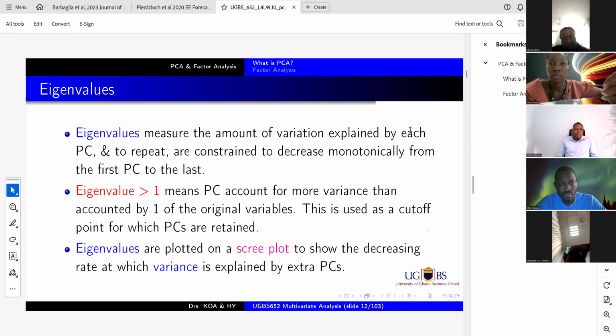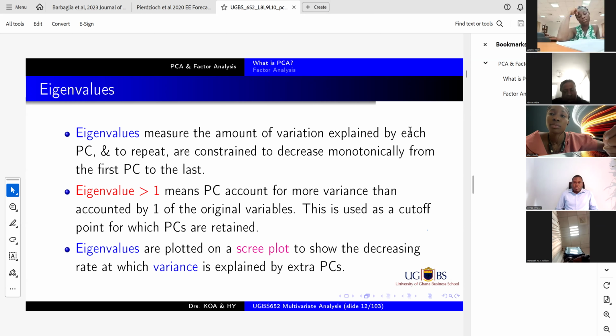You see that that one is not 4, but it is 1.2. It's still bigger than 1, and so it will also be incorporated. So you now have principal component number 2. You go and do the third one, and you have 1.1. That 1.1 is still bigger than 1, so you add it. So now you have principal component 3.